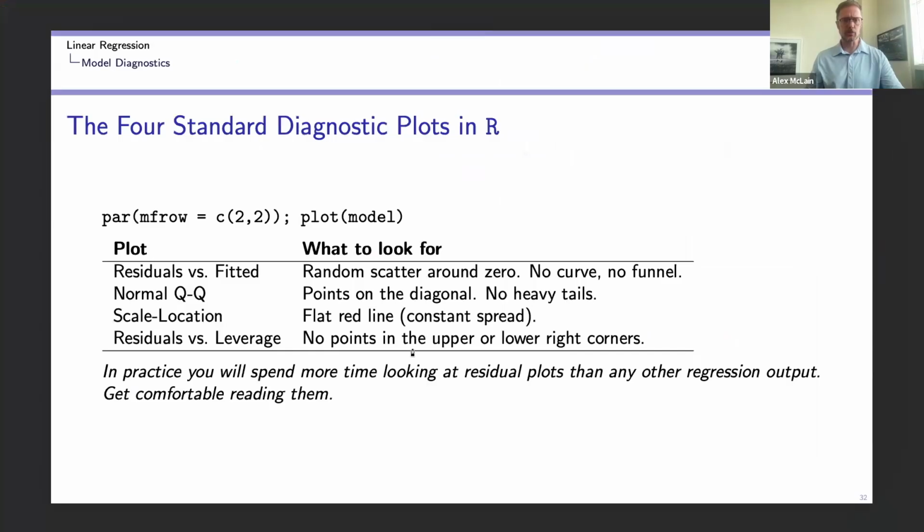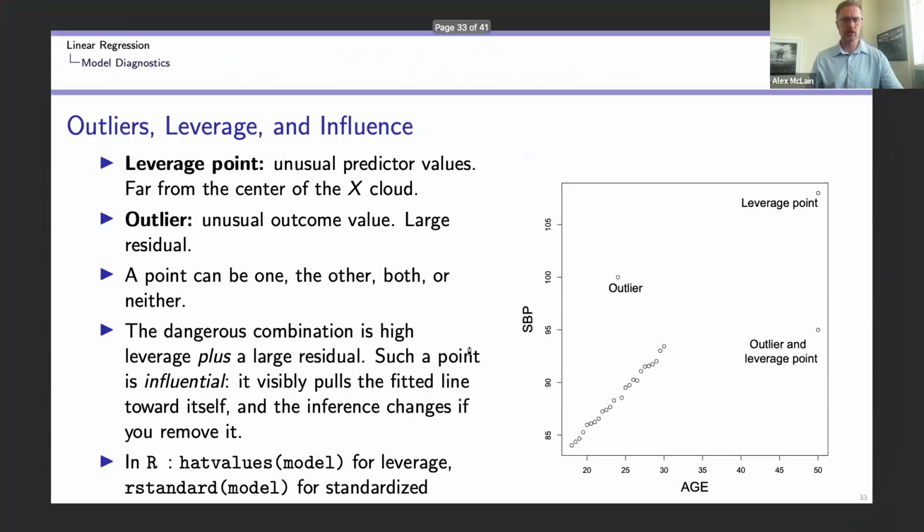Okay, so that's just a summary of the different diagnostics. Another thing that is interesting to look at are outliers, leverage points, and influential points. So here, again, we have systolic blood pressure and age to demonstrate this. Outliers are values where the Y variable is different based on the X variable.